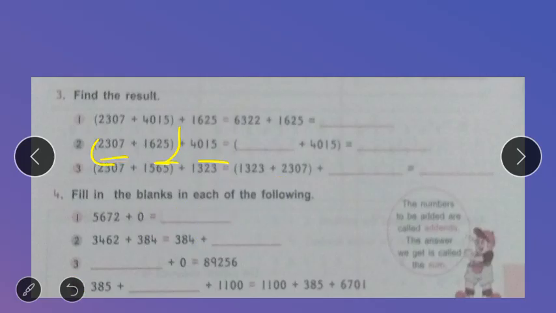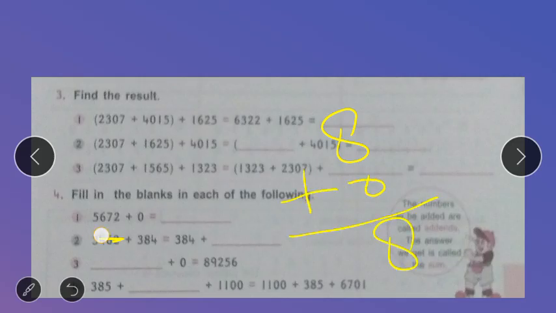If we add 0 to any number, what will you get as the answer, children? Like you have 8 trophies, and you are adding 0. What is the answer? 8 only, no? Same thing. 5672 is there, and you are adding 0. What will the result be? 5672 only.